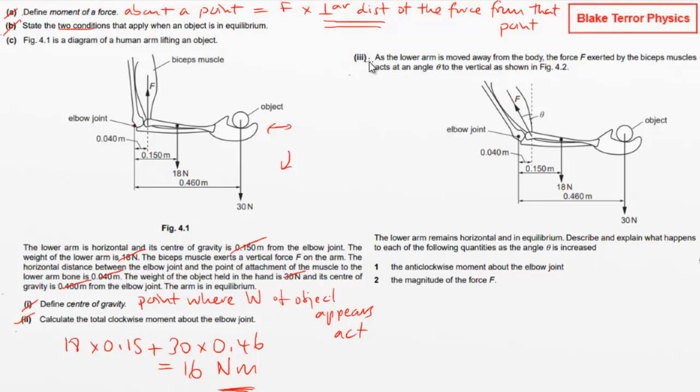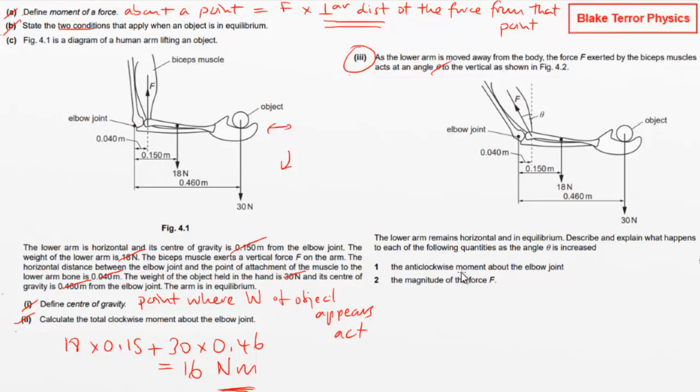That's completed part C2. We've got C3 up here. As the lower arm is moved away from the body, the force F exerted by the biceps muscles acts at an angle theta, which they put on there. The lower arm remains horizontal in equilibrium. Describe and explain what happens to each of the following quantities as the angle theta is increased.